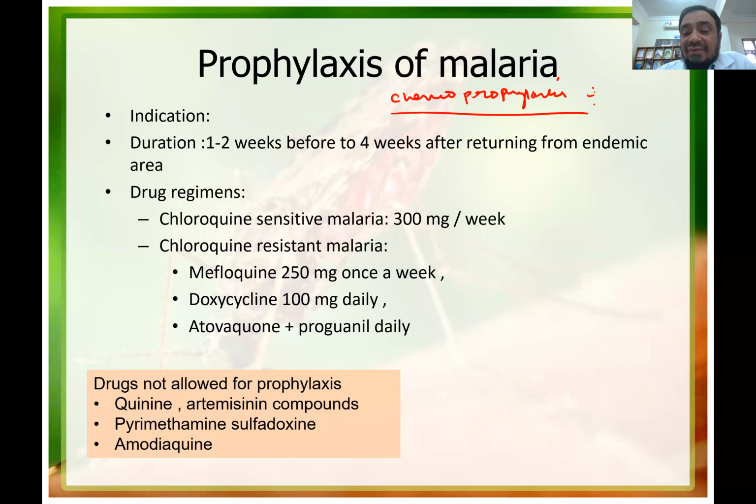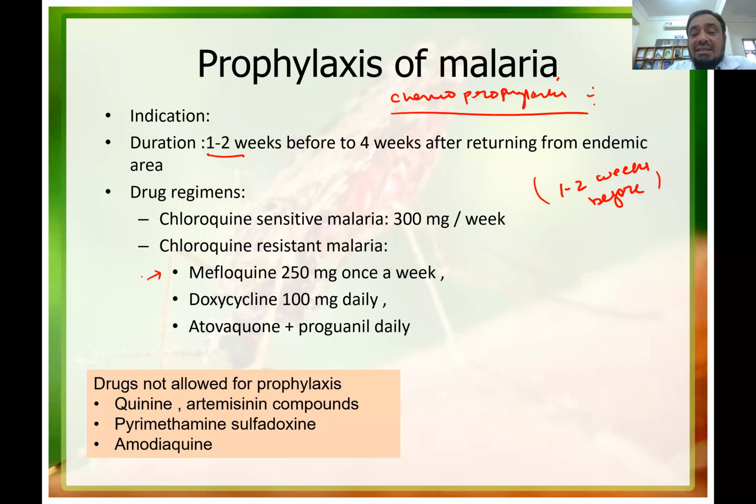Now, whenever you are giving these drugs, you should start 1 to 2 weeks before, so you come to know about the adverse effects of these drugs, and also in this 1 week there will be attainment of the steady state for preventing parasitemia. But for mefloquine we start 2 to 3 weeks before because we want to see its adverse effects, right?